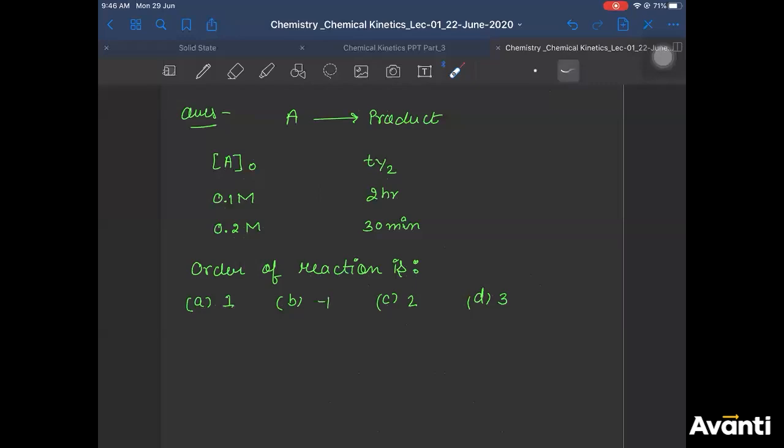All right. Again, here, as I told you, there are two T halves given. Initial concentrations are given. You can find the order of the reaction easily.